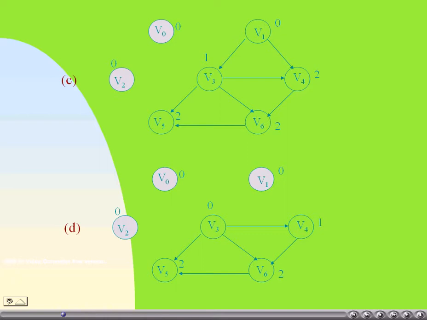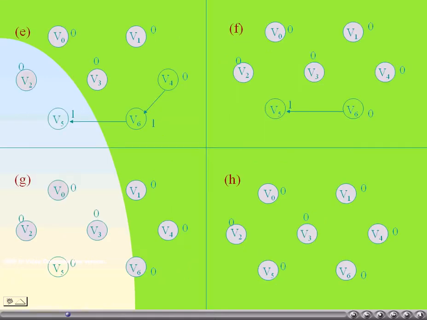Accordingly, its adjacent vertices' indegrees are adjusted. Now V3 is selected as its indegree value is 0, and similarly its adjacent vertices' indegrees are adjusted. Now the node V4 is selected as its indegree value is 0, and accordingly its adjacent vertices' indegrees are adjusted. Now V6 is selected as its indegree value is 0, and its adjacent vertices' indegree values are adjusted.